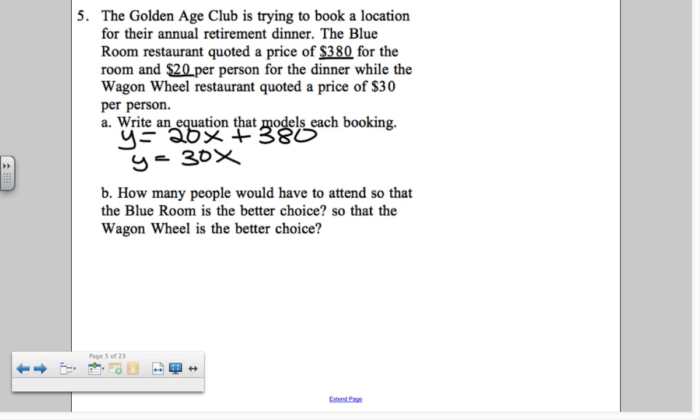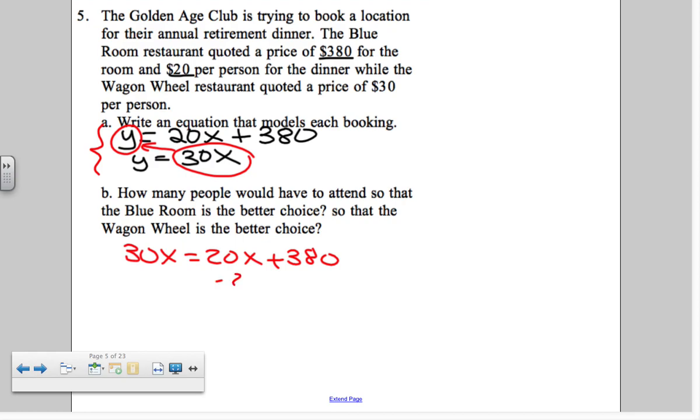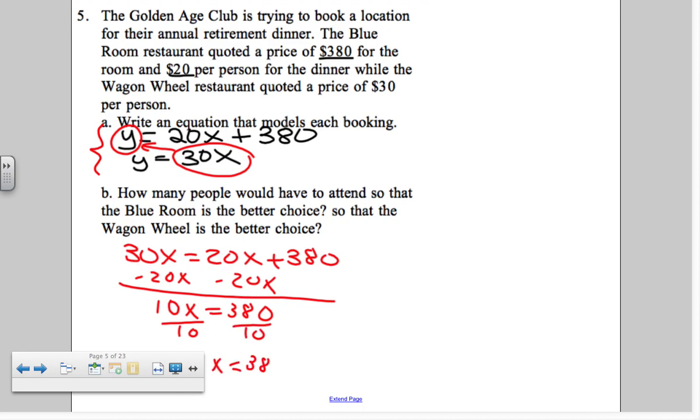So now to determine when it would be better to go with one versus the other, you should solve this system of equations. And I would use substitution here. Since the equations are in y equals form, I'm going to substitute the 30x from the second equation in for y into the first equation. And then I can solve for x by gathering all of my x's to the left-hand side and get x alone, and I would get x equals 38.